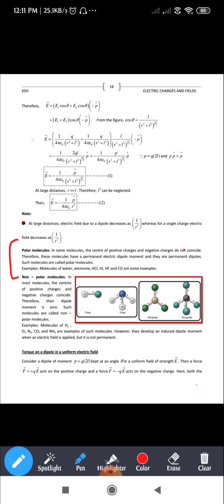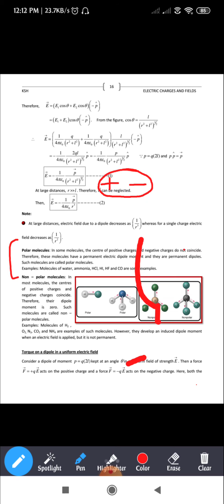I'm drawing how we denote polar molecules on the screen. We have both positive and negative charges, and they do not coincide. That means there is some space; the positive and negative charges are separated by a small distance.